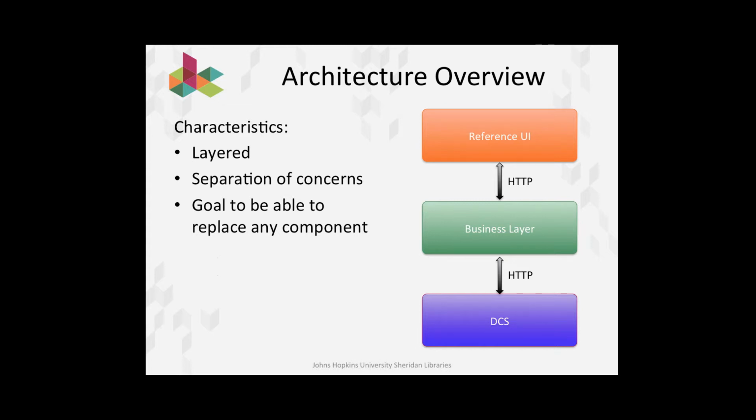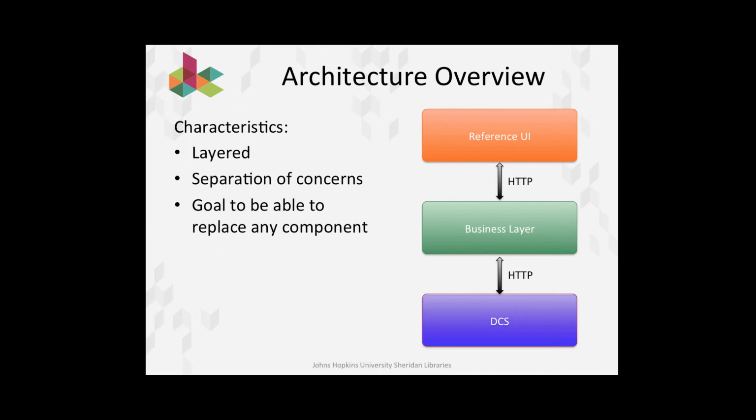In the Data Conservancy's first year of development, we actually demonstrated that with the archive itself, connecting it to Fedora, to a locally grown file system, as well as to an in-memory installation used for testing. Similarly, if a project needed a different business layer construction, they could choose to replace that. Yes, it would require resources, but it could be done.